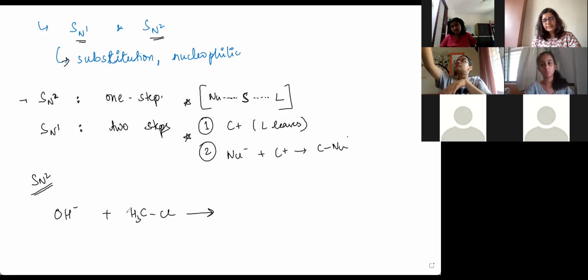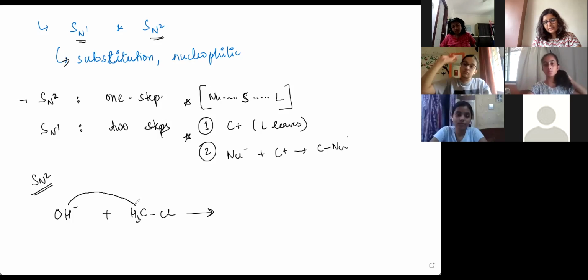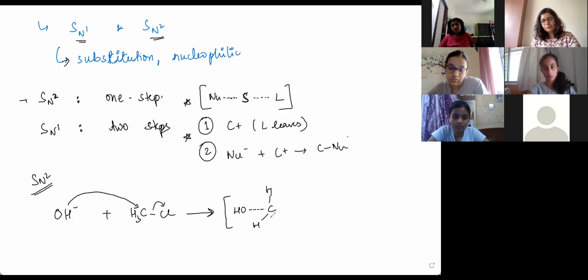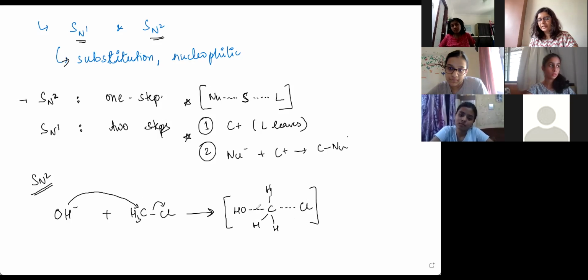In a single step, when this starts attacking the carbon, this also starts leaving, right? So this is the intermediate that's formed. OH starts forming a bond with carbon, which is already bonded to the hydrogens, while this bond starts to break. I'm putting it in dotted lines because both of these are not complete bonds. As this is breaking, this is starting to form.